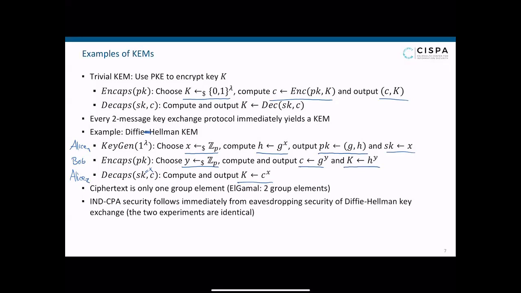The IND-CPA security of this KEM follows really immediately from the security of the Diffie-Hellman key exchange under DDH, where we remember the DDH assumption is just the assumption that Diffie-Hellman key exchange gives us a secure key exchange protocol.